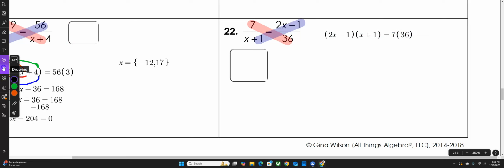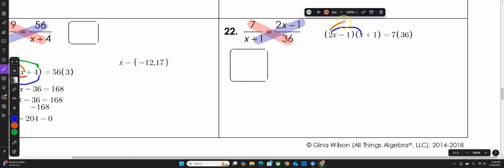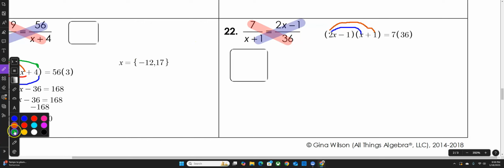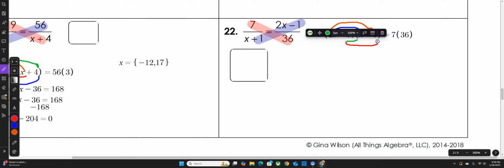All right, so again, we're going to do our double distribution. First term by the first term. First term by the outside term, so outside times outside. Inside times inside. And last times last.